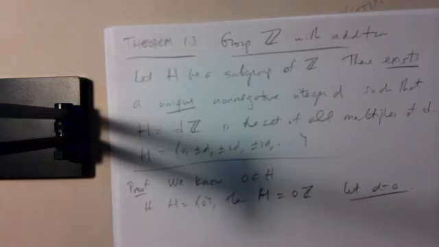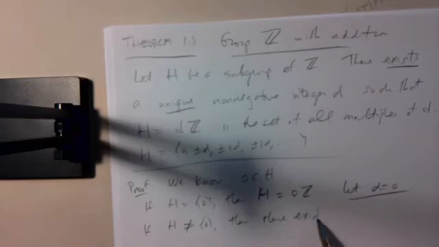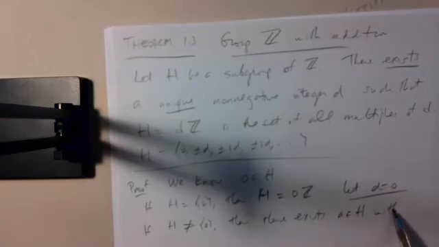But that's kind of the trivial case. Let's look at the non-trivial case. Suppose H is not just 0. Right? In that case, there exists an element A in H with A not equal to 0.